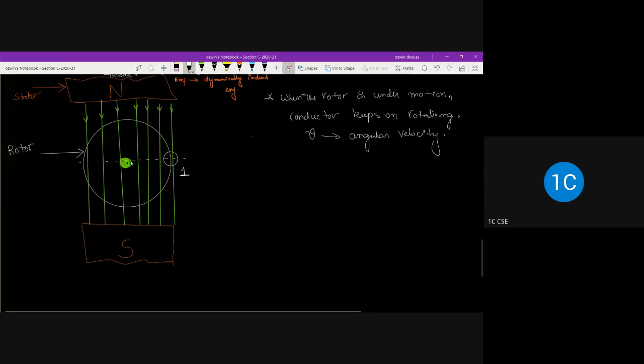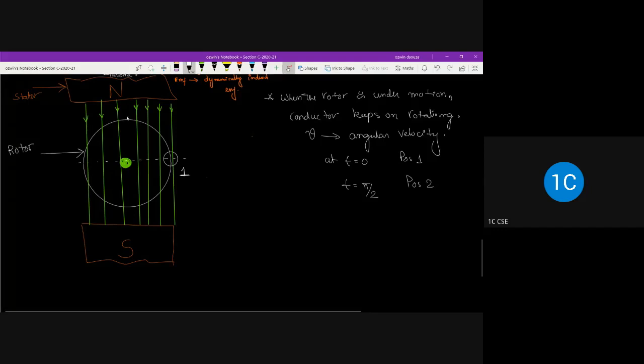Now let us assume certain positions for the conductor. Let us say at time t equal to 0, the conductor occupies position 1. At time ωt equal to π/2, let's say the conductor occupies position 2.